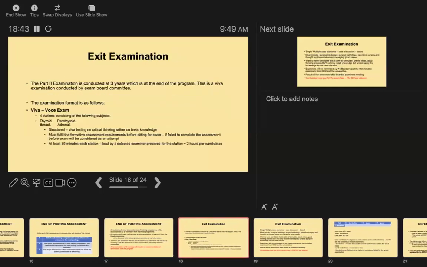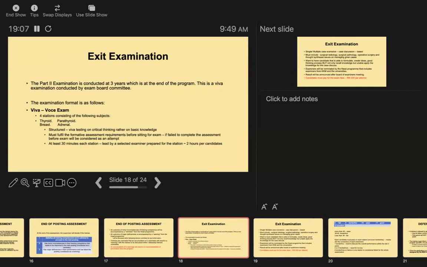Alright. Exit exam. Exit exam will be conducted at 3 years, which is at the end of the program. This is a viva examination conducted by exam board committee. The examination format is as follows. Dia ada 4 table.